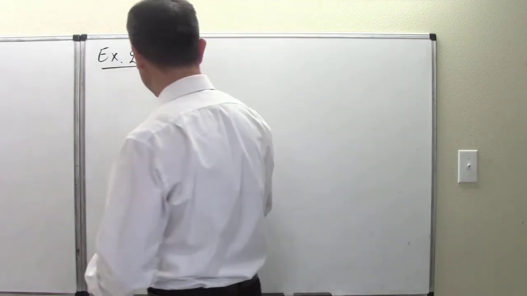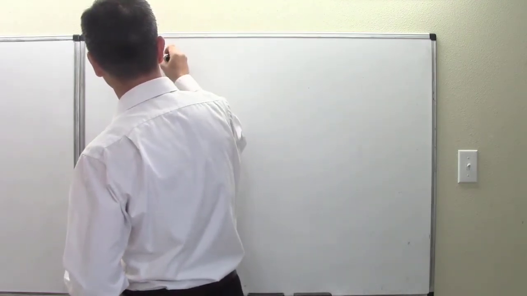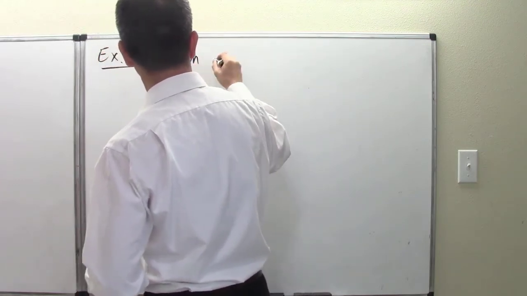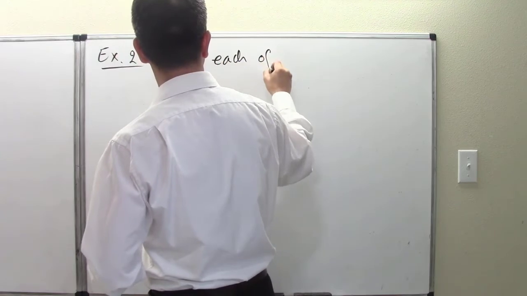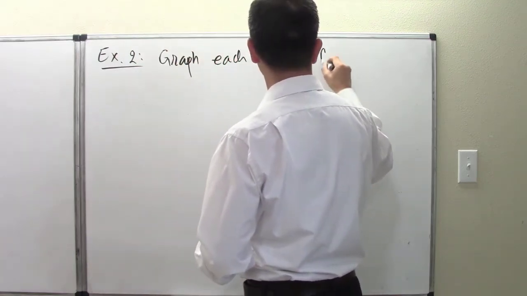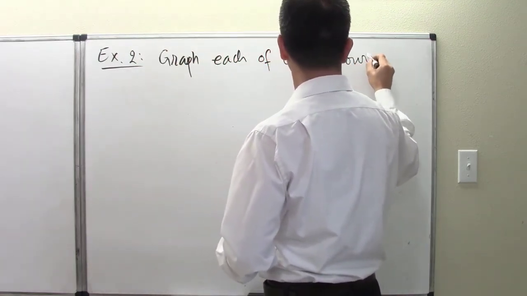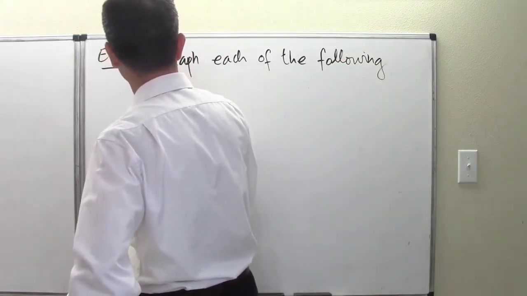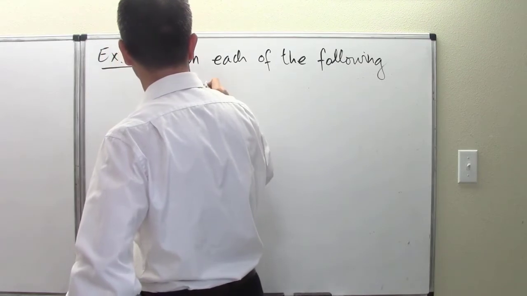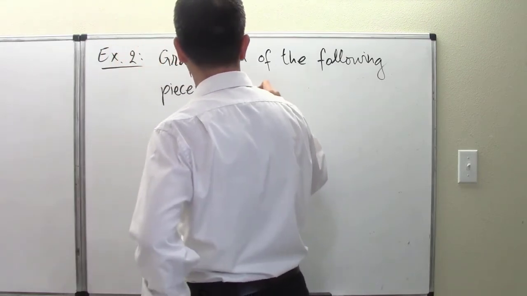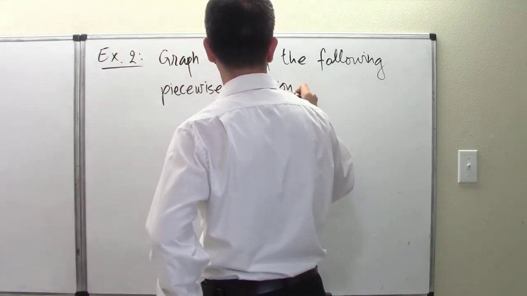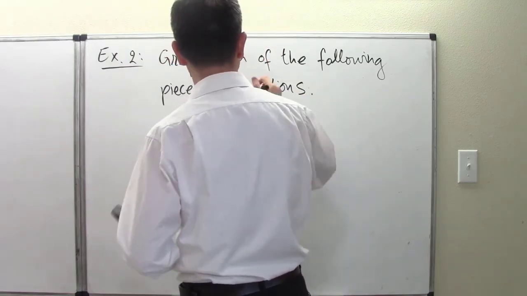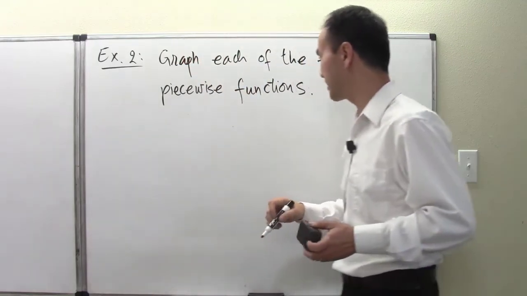So let's graph each of the following piecewise functions. Okay, and that's the requirement. That's the wording instruction of this particular example.